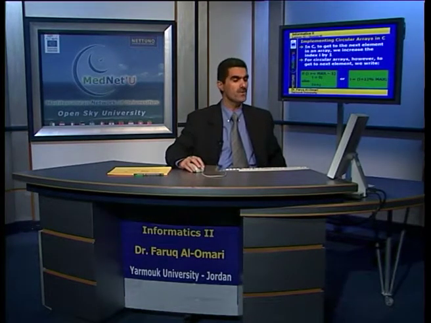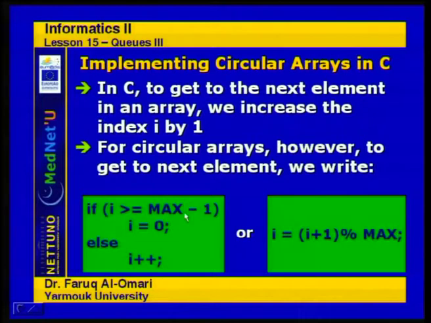Well, I can do it this way, or there's another way of saying the same thing in here, and that's by using the modulo function. I think you all know the modulo function. We have talked about it the other time. The syntax for the modulo function is this percentage sign.